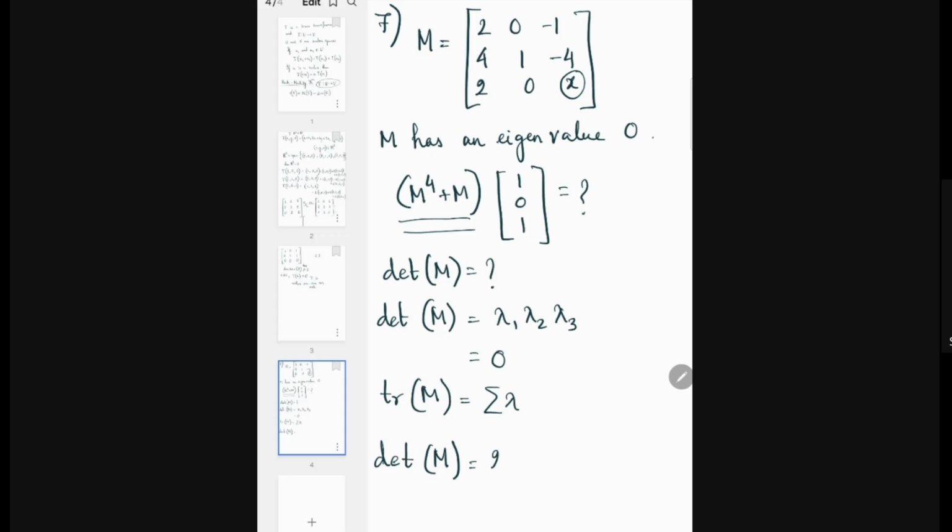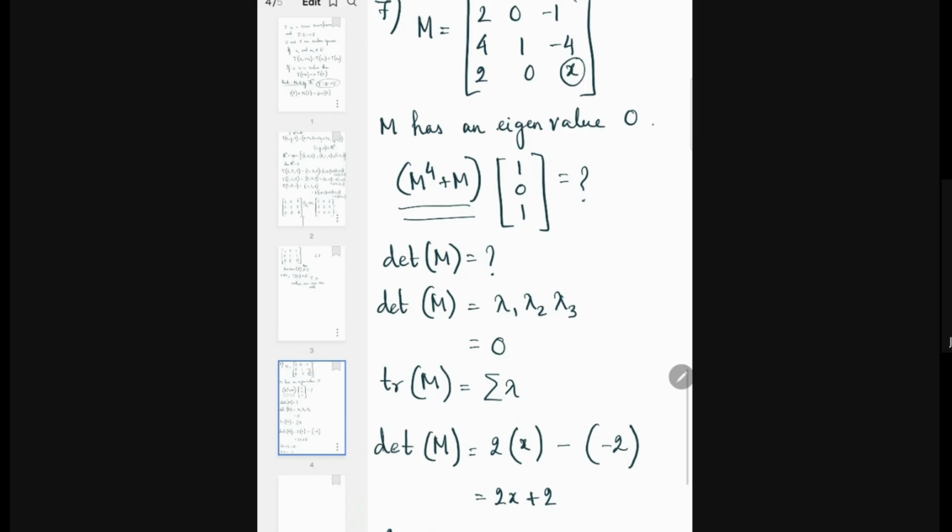So if we calculate the determinant of M, it will be... now we know that the determinant of M is 0. So x is minus 1. Right? Yes, ma'am.